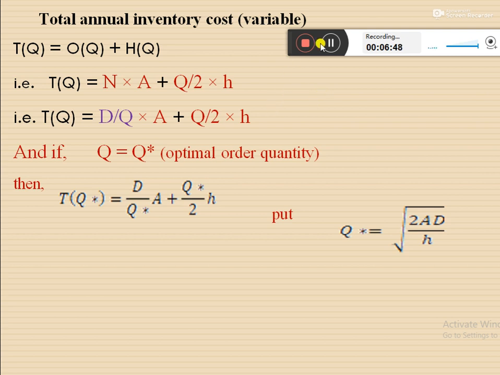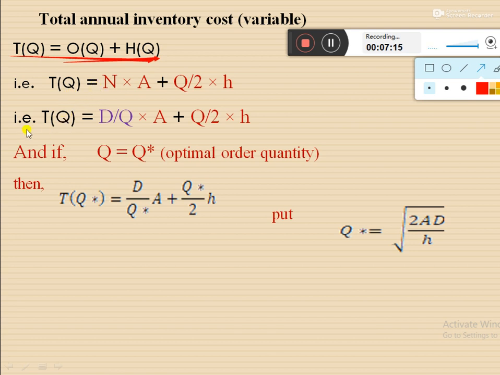Now we would derive the formula of calculating total annual variable cost. As you know that total annual inventory cost is the sum of ordering cost and carrying cost, that can be represented in this formula.